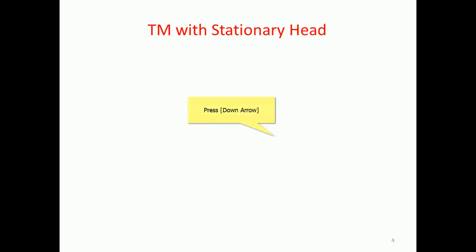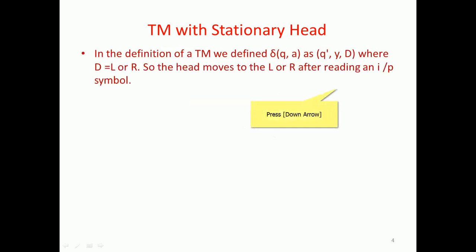Having understood this concept, we can go to the construction of the Turing machine with a stationary head. Here we are going to talk about the construction of the Turing machine with a tape head. In the definition, we define delta of q comma a as q dash, y comma d, where d is a direction.